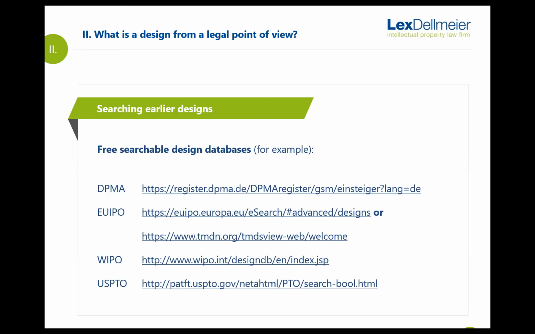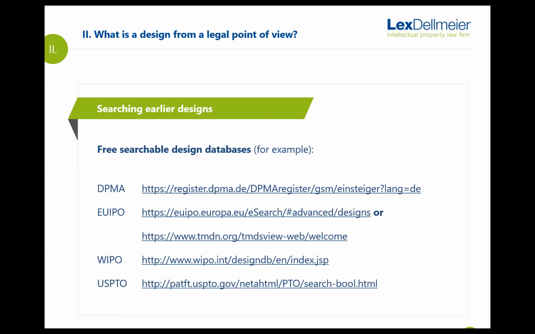You can do some preliminary searches, but of course doing in-depth searches is better done through an outside specialized company. They are rather expensive. As you may know, database costs, Thomson CompuMark or Wolters Kluwer, for some basic similarity trademark searches in the field of word marks is maybe around 200 or 300 euros.